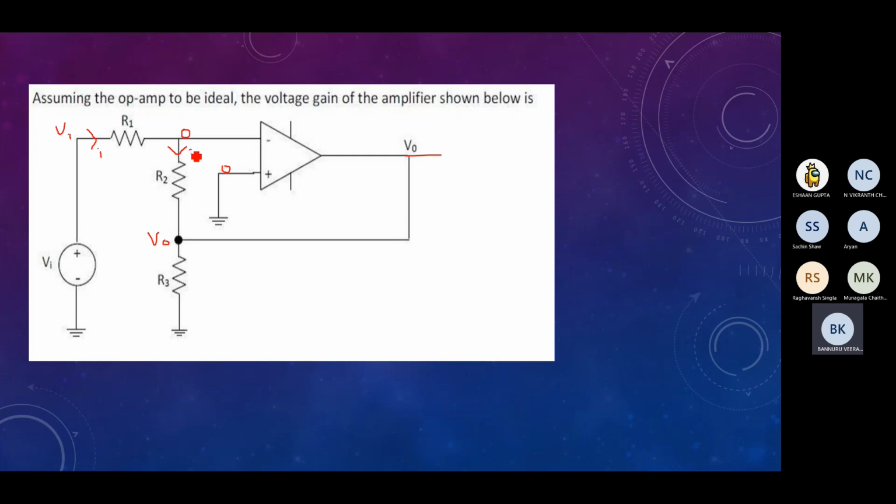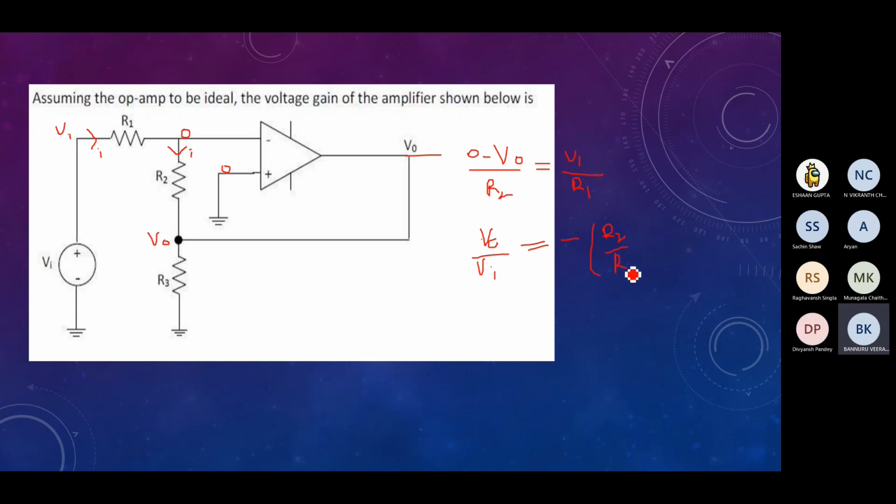So we get (0 minus V naught) upon R2 is equal to V1 upon R1. So the gain, which is V out by V in, will be equal to minus R2 by R1.